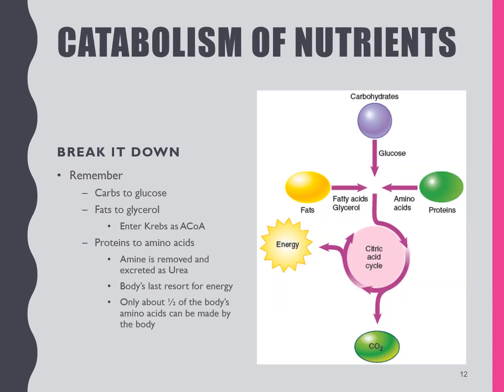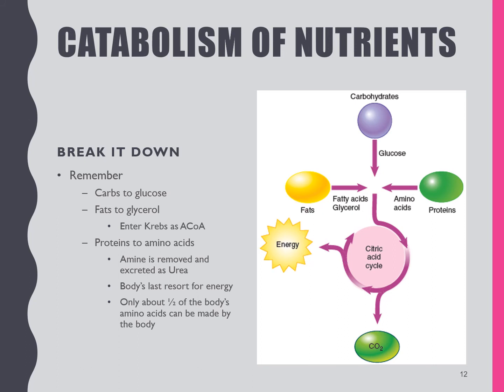So again, when we're talking about the catabolism of those macronutrients, the carbs, the fats, the proteins, carbs are most easily broken down into glucose. Fats are eventually catabolized into glycerol, and then they enter the Krebs cycle at that point. So they don't go through glycogenesis.